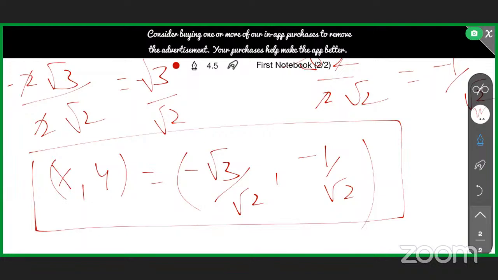From Monday onwards, we'll be starting the new chapter, straight lines. Straight lines is one of the very huge syllabus. It may take a little longer.